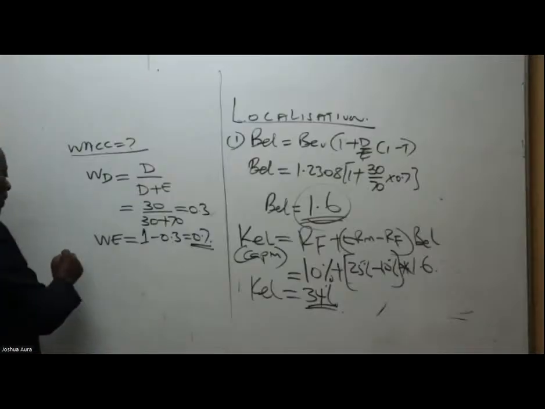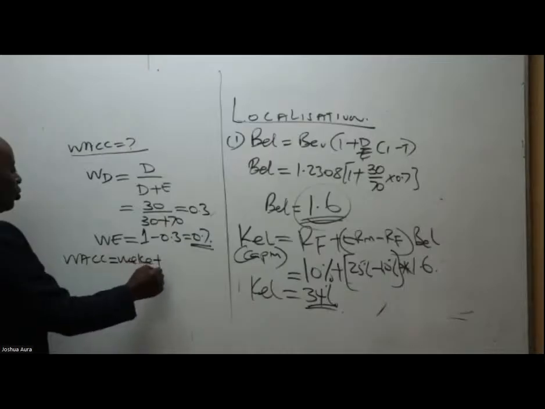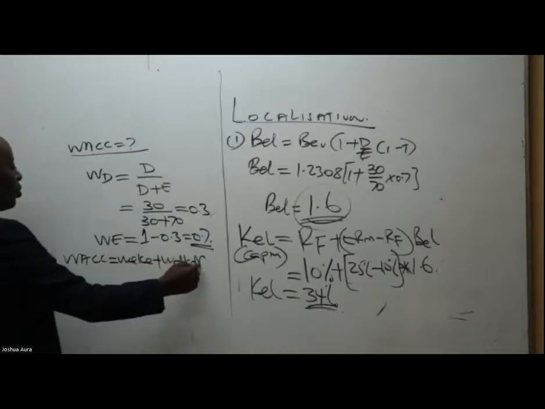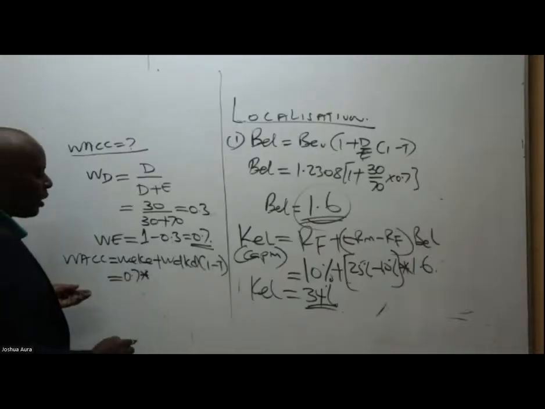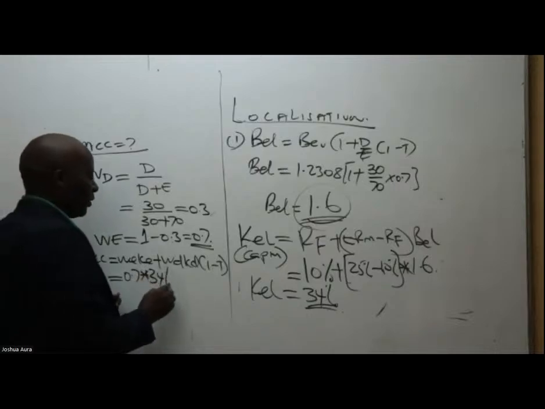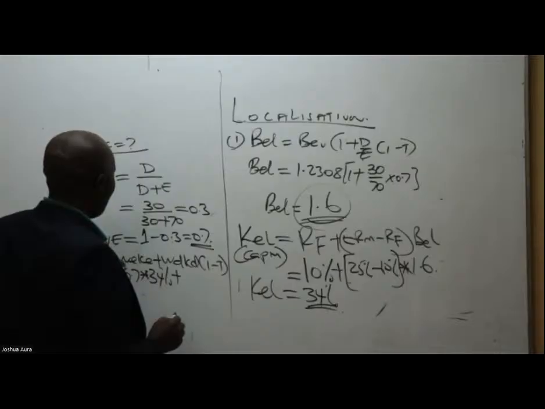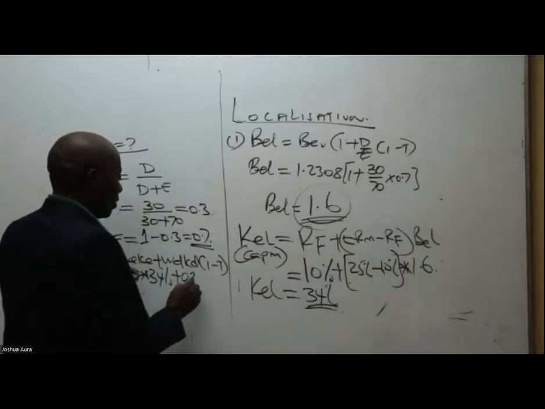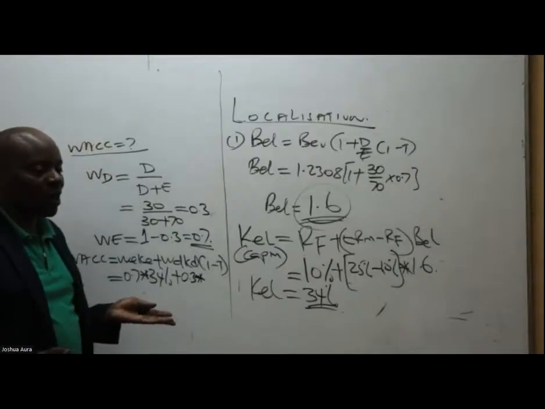So the WACC will be weight of equity times cost of equity, plus weight of debt times cost of debt times (1 minus tax). The weight of equity is 0.7, and the cost of equity we already have as 34%, plus the weight of debt, which you have given me as 0.3. For the cost of debt, has it been given expressly, or do we work with risk-free?